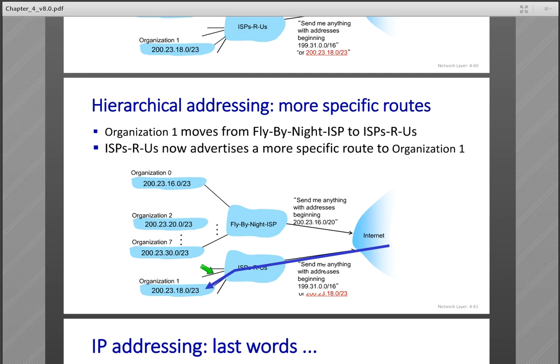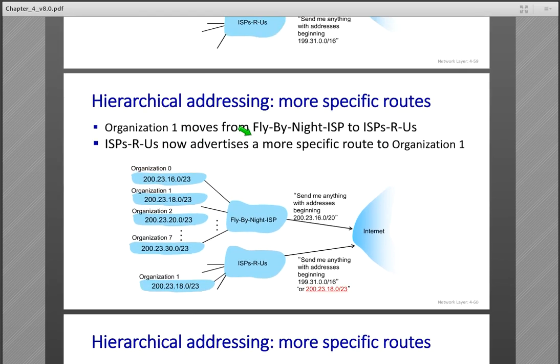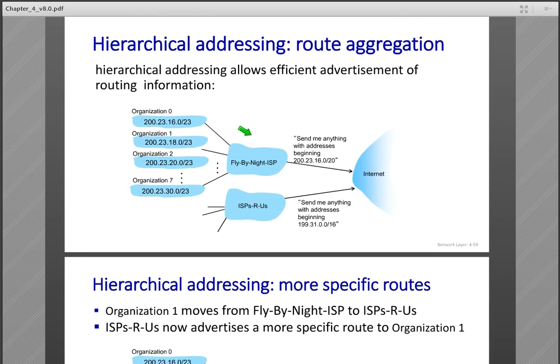But why? It's simple. As long as my address matches with more bits, it means that I'm closer to the destination. Why? Because of route aggregation. Look at the one here.